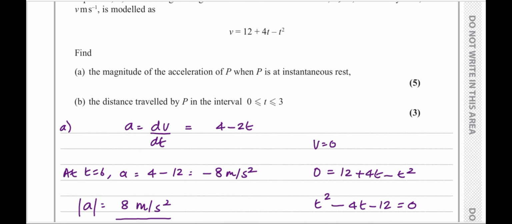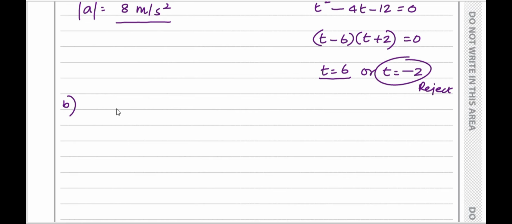Find the distance traveled by P in the interval t between 0 and 3. We know that the distance slash displacement is equal to the integral of v with respect to t.